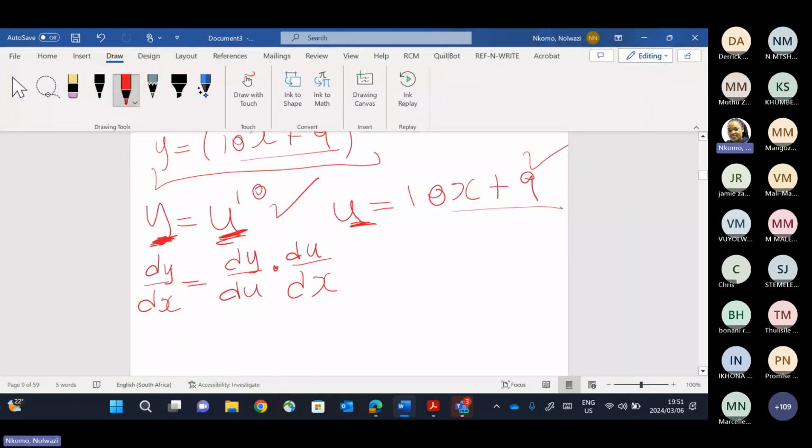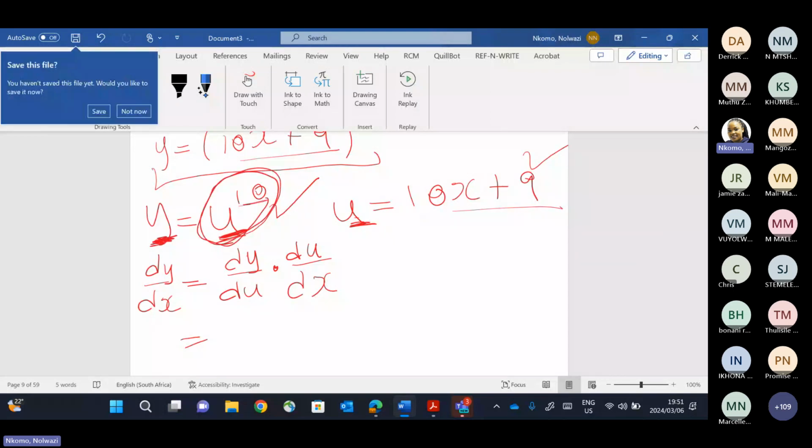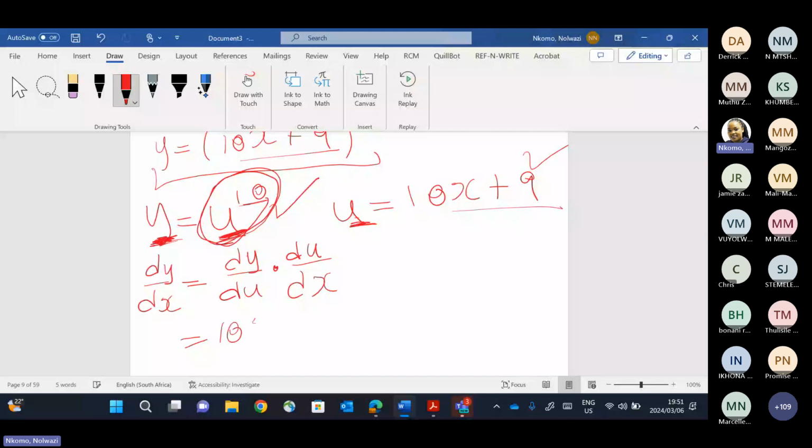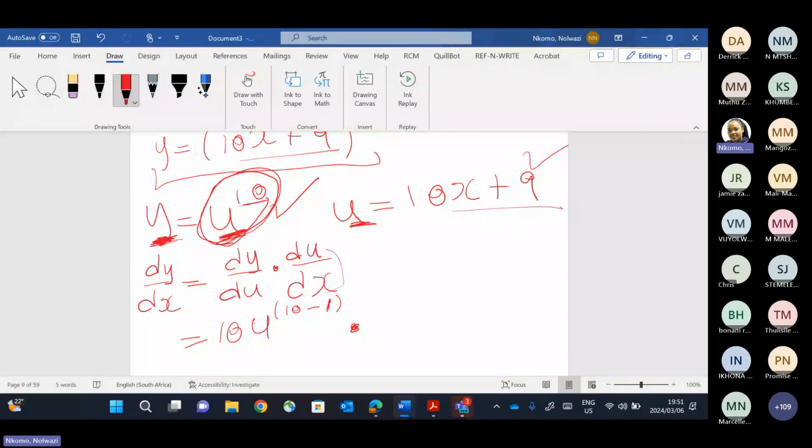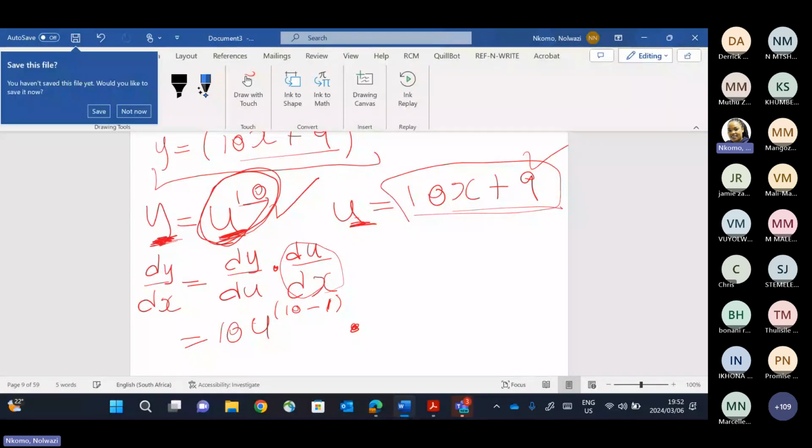Okay, you go back to rule 2. In rule 2, your n is 10. So this means dy with respect to u would be 10u to the power 10 minus 1, right? Times the derivative of u with respect to x. We are differentiating this now, right? You differentiate this plus you differentiate this.